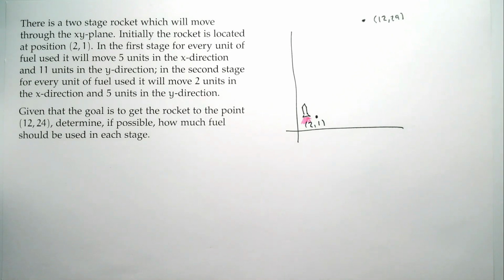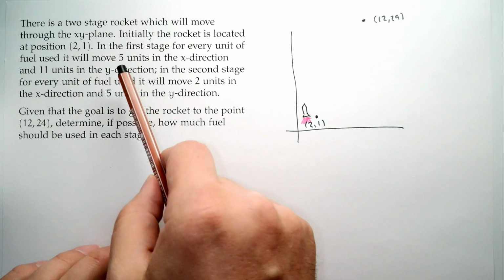So the question becomes, okay, how does this relate to what we've learned? And so what have we learned? So the last time we were talking about vectors. And vectors are about change. So we can think about, okay, well, what's happening is that as the rocket is moving, it's changing. So what's happening in the first stage?